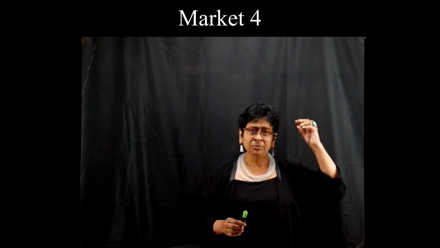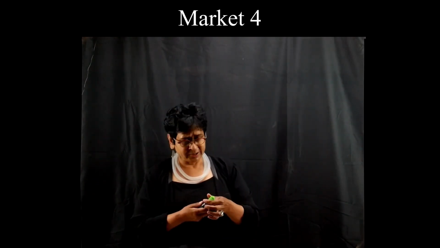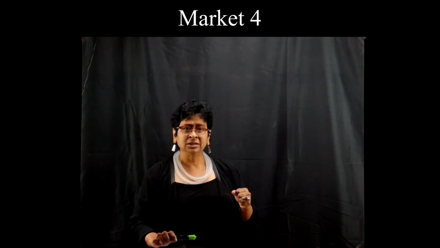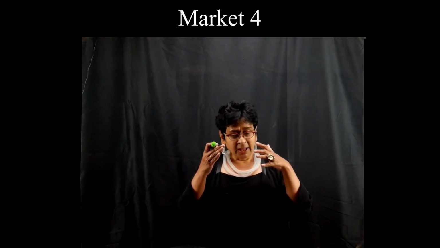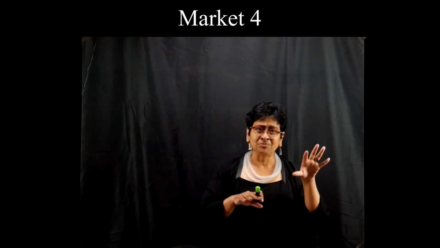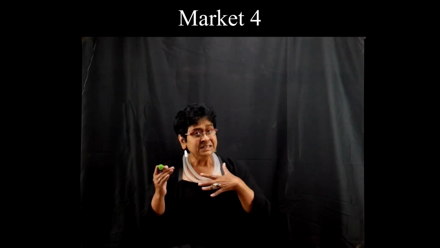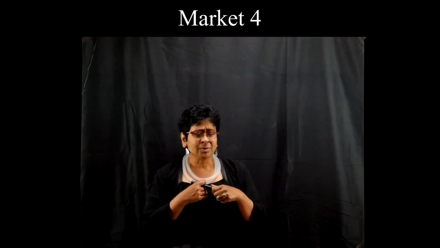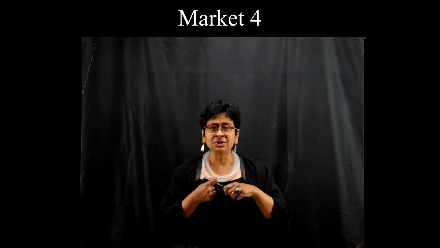So individual producers in a market, like the individual consumers, are just looking at the price and making a decision about how much to sell. Different producers have different levels of efficiency, different levels of productivity. Some people can produce more cheaply, some people need more revenue before they enter the market. So just as with consumers, we have different kinds of producers.